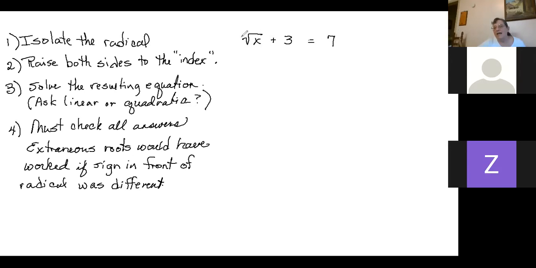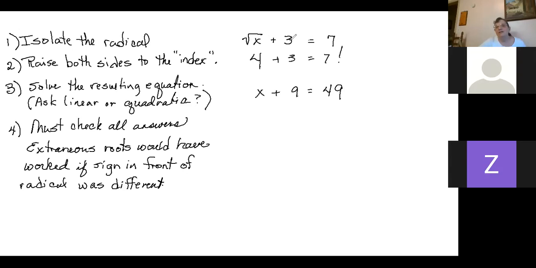This has to be a 4, right? If you were to square each thing here and say x plus 9 equals 49, it doesn't work, because this way x would have to be 40, and the square root of 40 plus 3 is never going to equal 7.